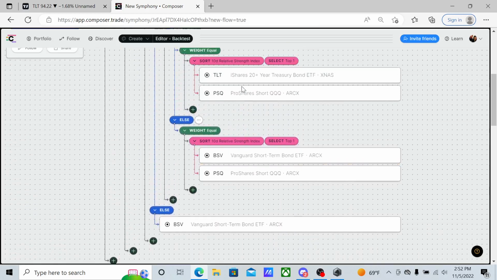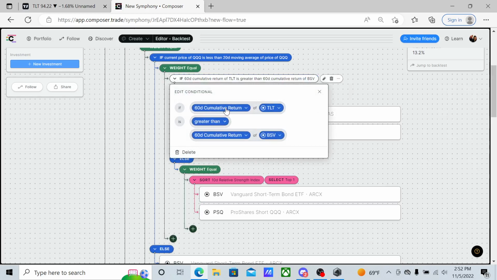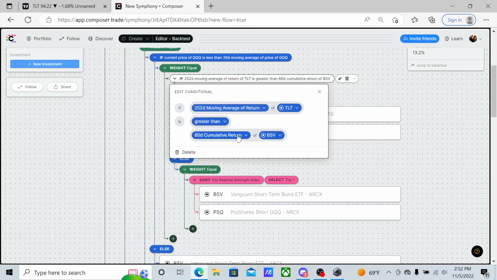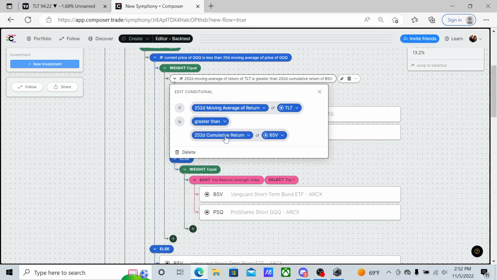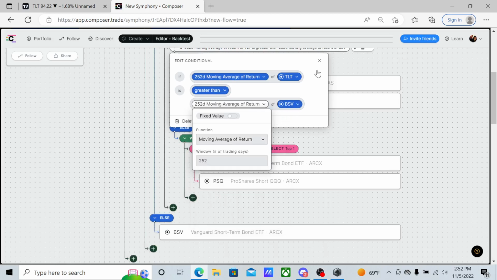So what you could do is you could try this too. If you want to measure a more long-term trend, maybe not cumulative return, but you could do moving average of return and say, let's just do 252. That would be 1 year of trading days on each one, and you could do moving average of return.